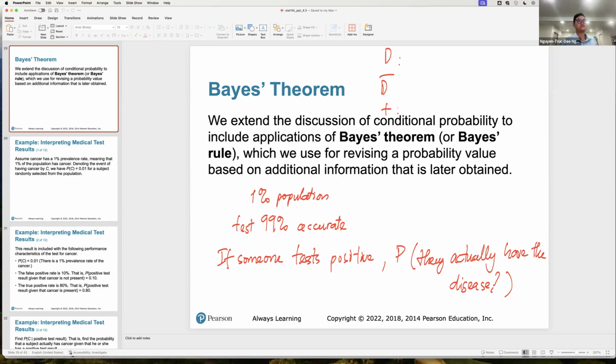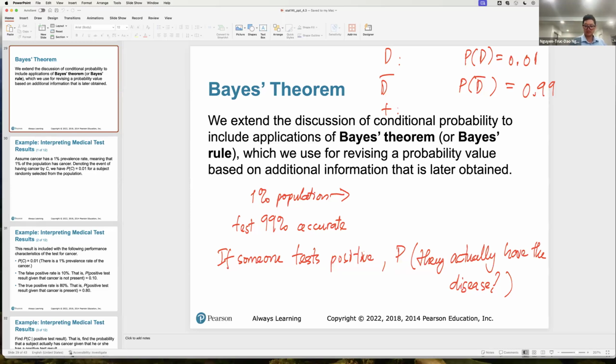Okay, so let's find from the problem. You know that the probability that a person has the disease is 0.01 because 1% of the population has the disease, right? And the probability of D bar is 1 minus 0.01, which is 0.99. Are we good? Because they are complement events.